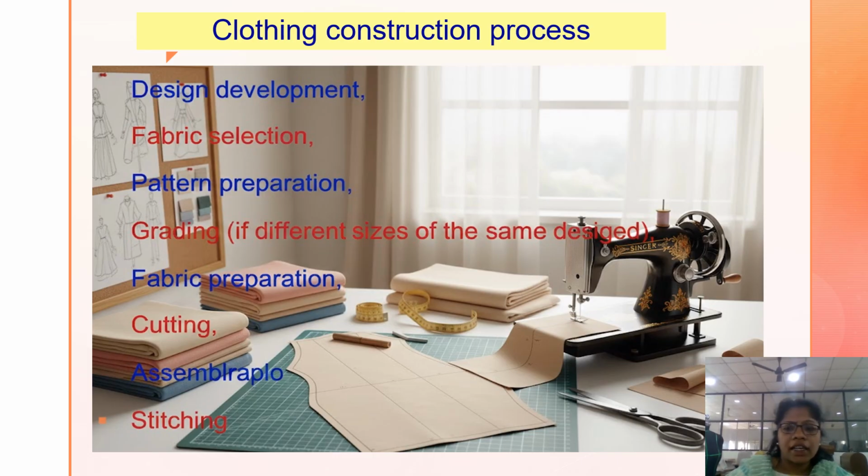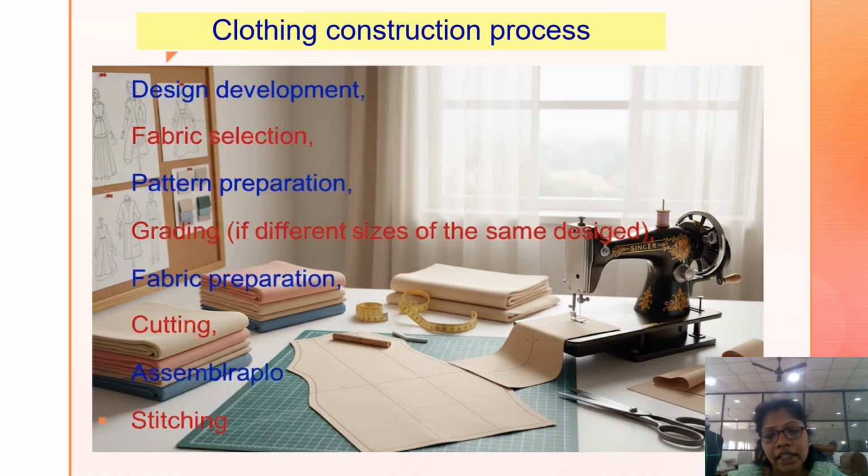Cutting is nothing but placing the patterns, planning the layout based on the suitability of the design. According to the print or lines, we have to follow a layout suitable for cutting. The next one is the assembling of the garments. Assembly is nothing but coordinating the pieces.